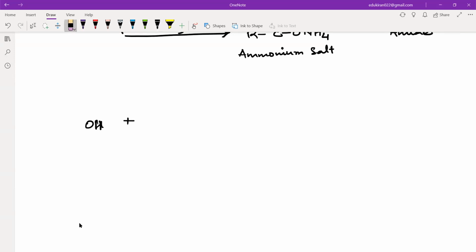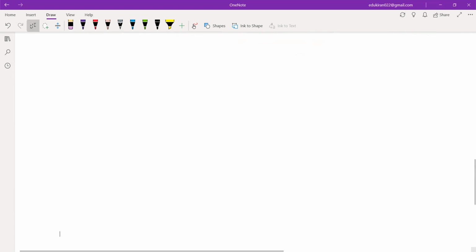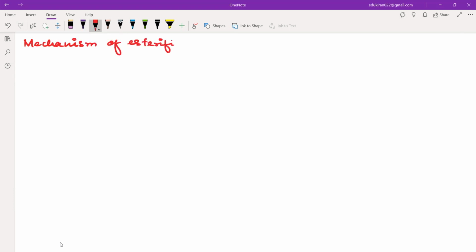Let us first of all write the mechanism for esterification reaction, and then we can decide on this. Because when we look at the intermediate, we'll be able to tell what type of substrate is going to give me a faster reaction. So just write the mechanism of esterification reaction.